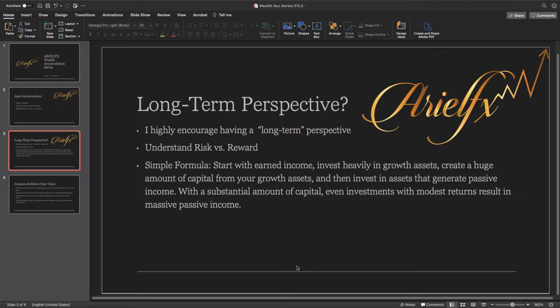With that in mind, we have to have somewhat of a long-term perspective. This isn't a series to pitch you on getting rich quick. I promise you, unless you start some type of crazy tech business or just get lucky in the markets, you're not going to get rich overnight.